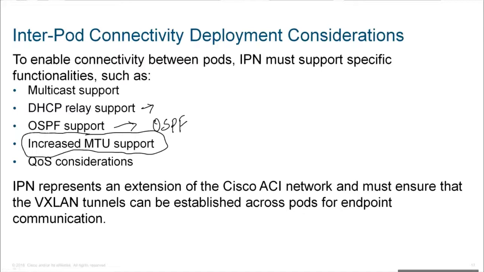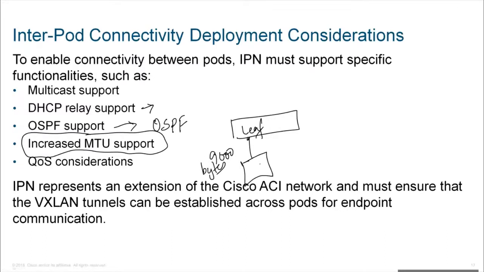Okay, then, did I ever mention the default MTU in the ACI fabric? Probably didn't. The leaf switches are set to 9,000 bytes by default. So do your VMs or bare metal servers send 9,000 bytes?